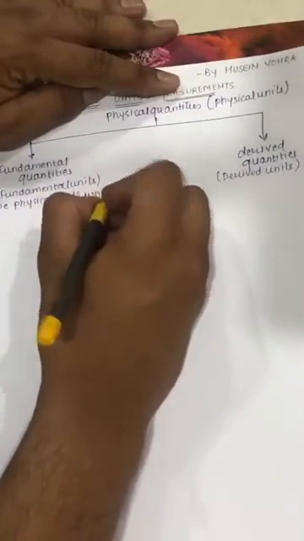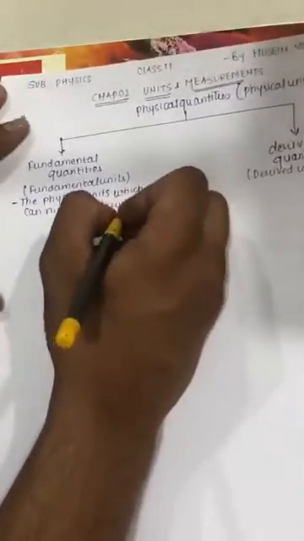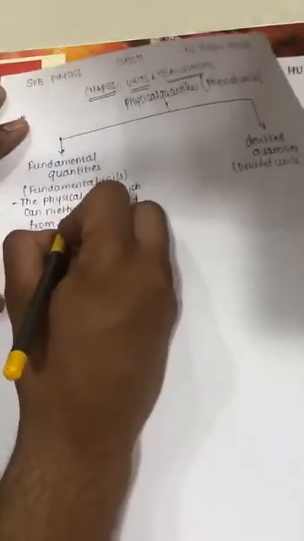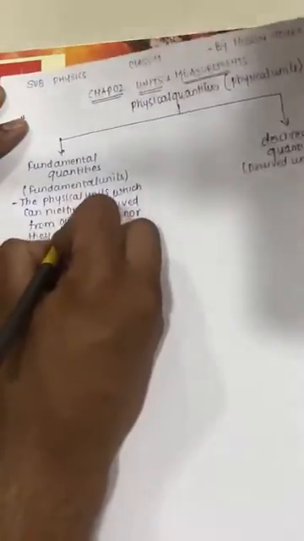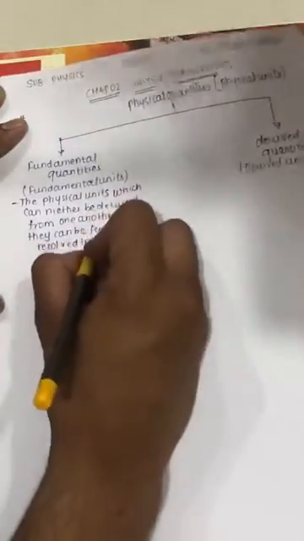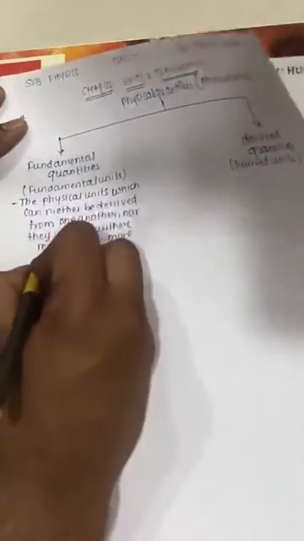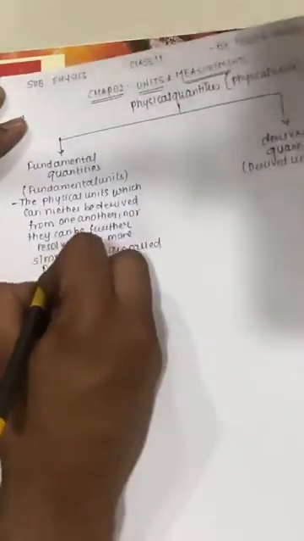The fundamental units are the physical units which can neither be derived from one another, nor can they be further resolved into simpler components, into more simple units. They are called fundamental units.